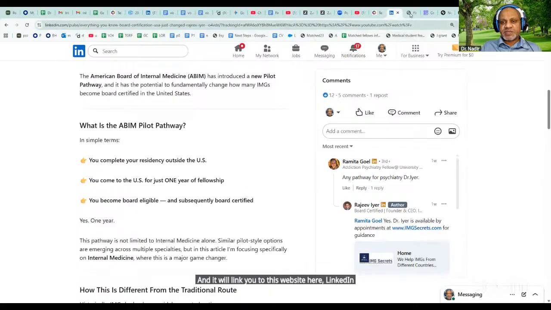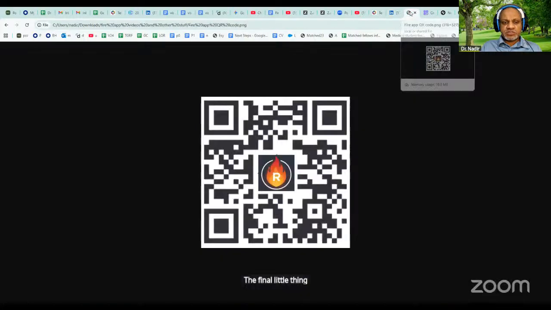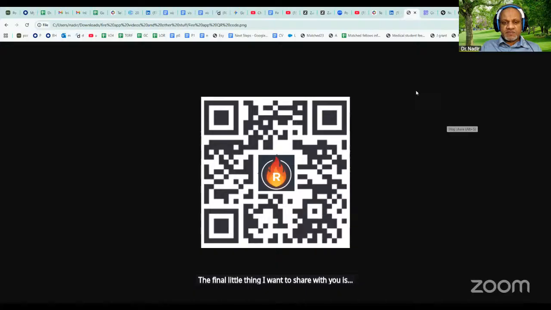The final thing I want to share with you is, if you have your phone ready, maybe you can scan this barcode. So this is an idea of educational material, but we want to create an abstract that we can submit to the AMDA, the American Medical Directors Association Conference.